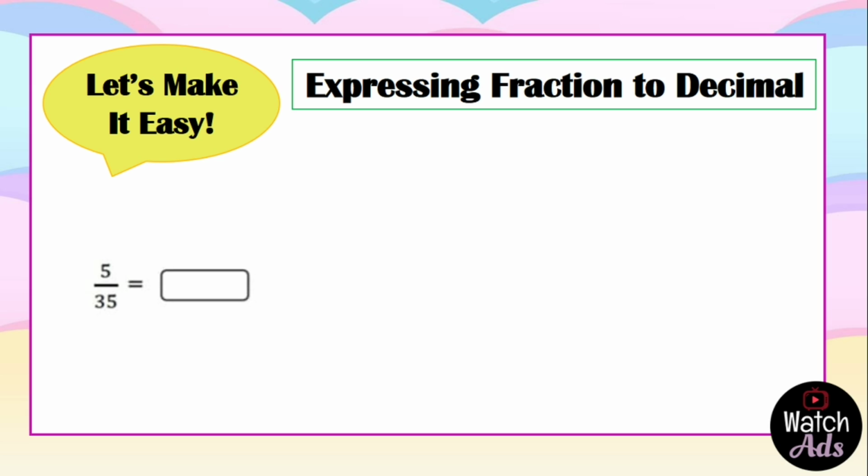I've done that already. Now, if our given is 5 over 35, we do not just automatically divide 5 by 35, because we have to dissect the fraction first. In my previous examples, I had already dissected it and proceeded to division.